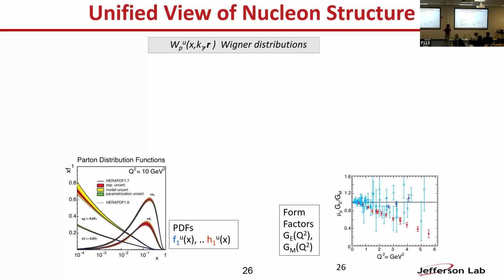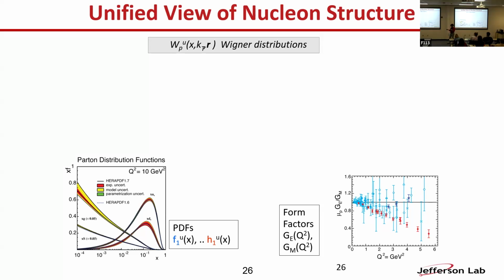That's why a couple of decades ago a new formalism was introduced, the 3D imaging or tomography of the proton, of the nucleon, using a different class of structure function. So far we have talked about the parton distribution function and the form factors, and this is a one-dimensional world.